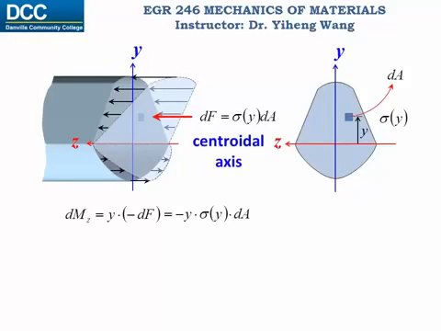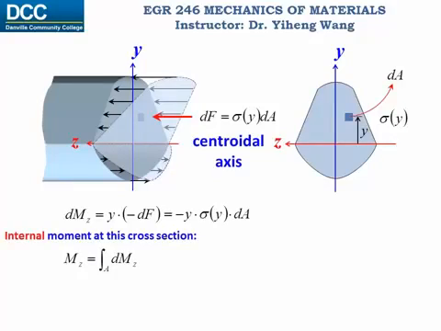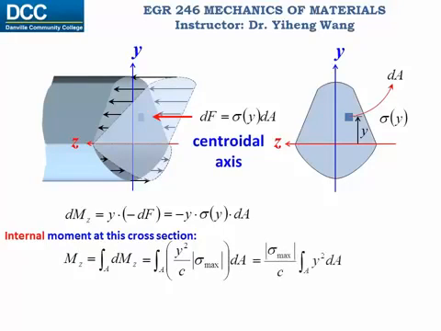Now, the integration of this differential moment element dMz across the entire cross-sectional area must equal the internal moment at this cross-section, Mz. We substitute in sigma y and pull out the constants, and we get this right here: the absolute value of sigma max divided by c, multiplied by an integration term, the integration of y squared dA over this entire cross-sectional area A. And this term should look familiar to you based on our previous knowledge of moment of inertia of the area.